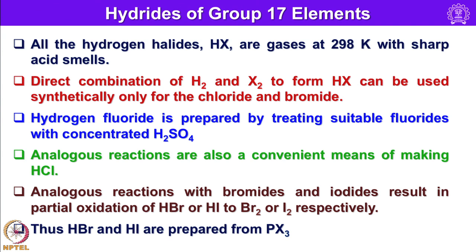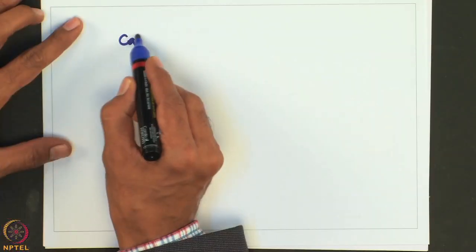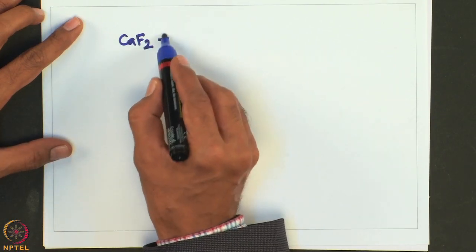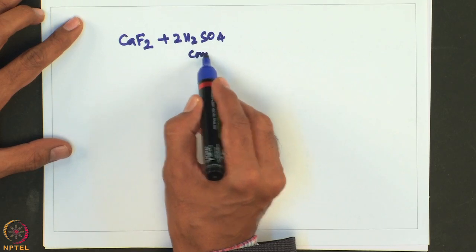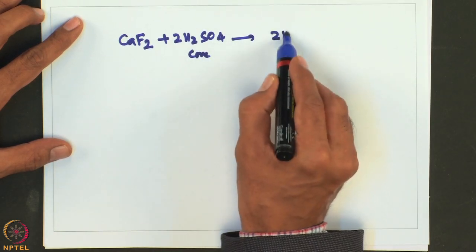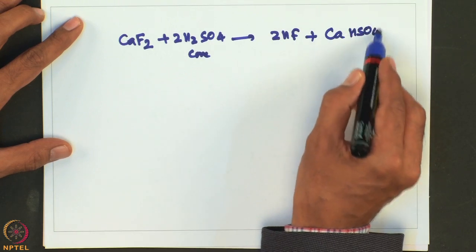HBr and HI are prepared from the corresponding phosphorus trihalides. Let me give the synthetic procedure for these halides. For example, CaF2, when treated with concentrated sulfuric acid, gives 2HF, of course with Ca(HSO4)2.